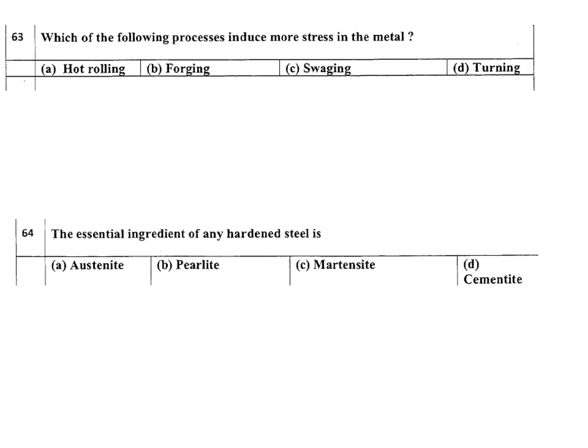Which of the following processes induces more stress in the metal? A. Hot rolling, B. forging, C. swaging, D. turning. Answer is swaging. It's a rotary forging process. In boiler tubes we are using this for making the taper end of the tubes.